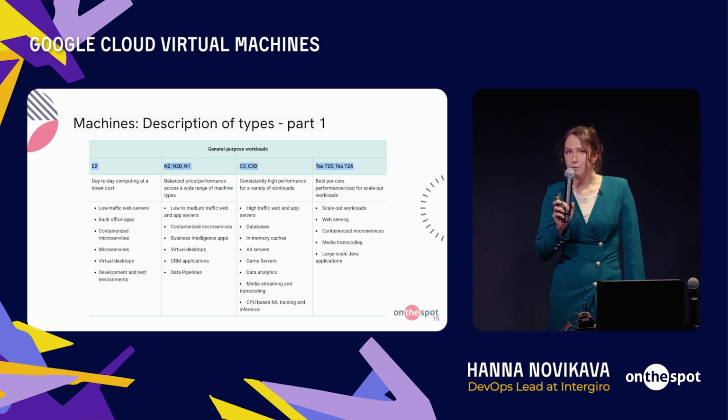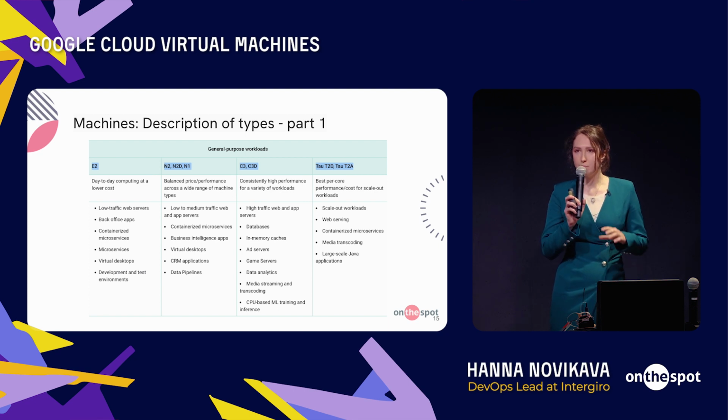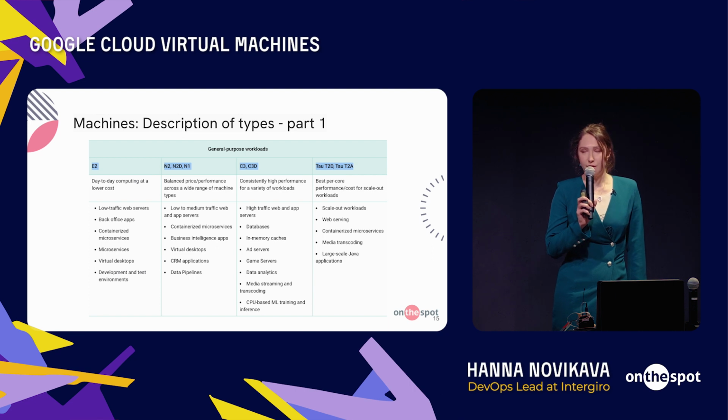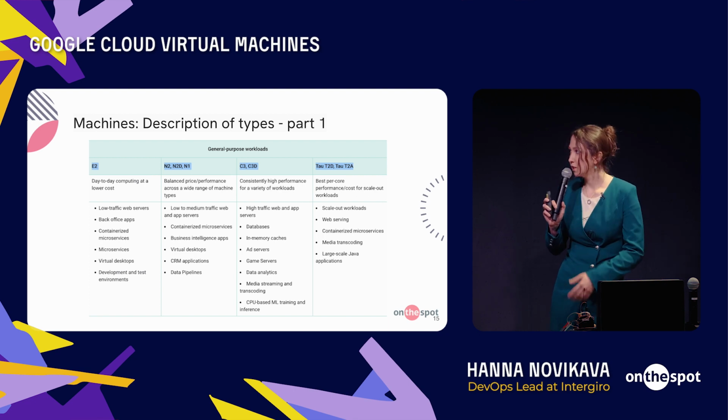When I prepared this speech, I investigated what the biggest difference is between N types and E types. E types are older, and you cannot configure a lot of vCPU and memory for them, and you can configure more resources for N types.